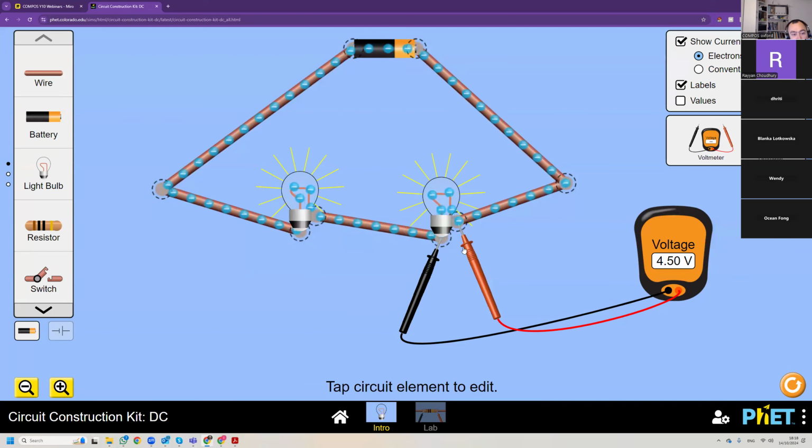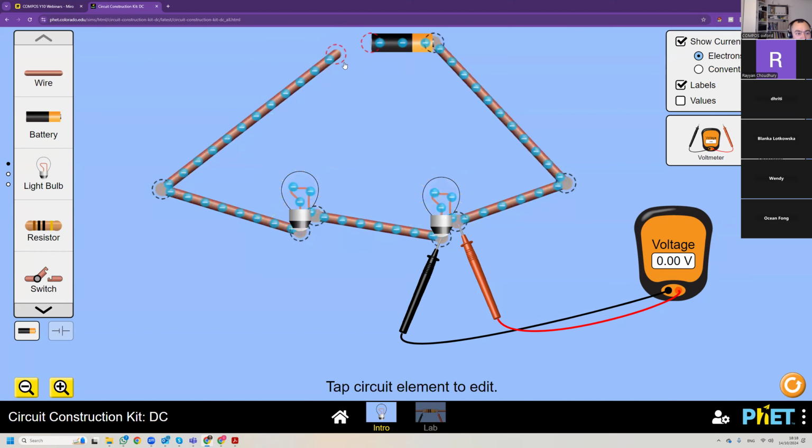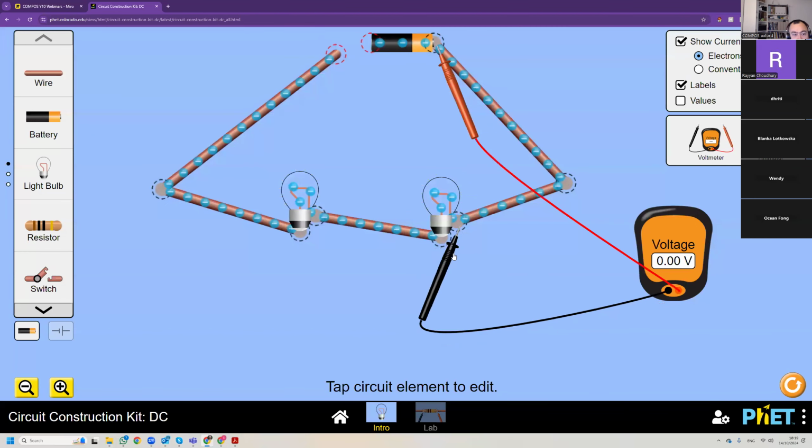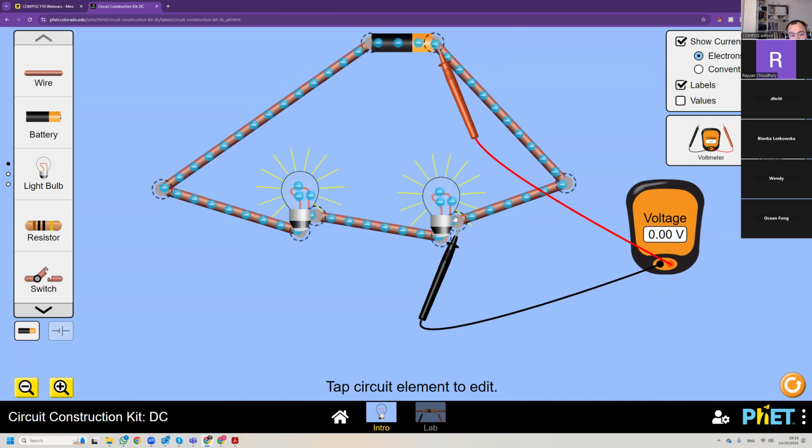So what do you think would happen if I connect a voltmeter here and here, when I flip the switch? What would the voltmeter show? Yeah, look, it shows 0 volts because we're not losing any energy.